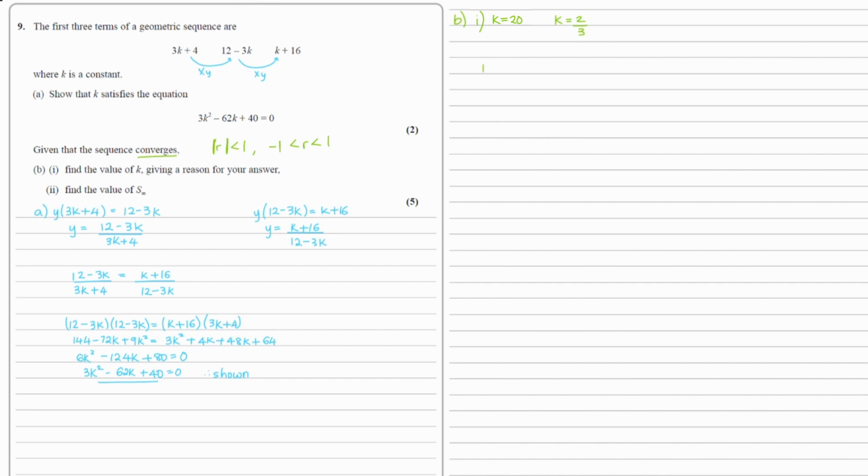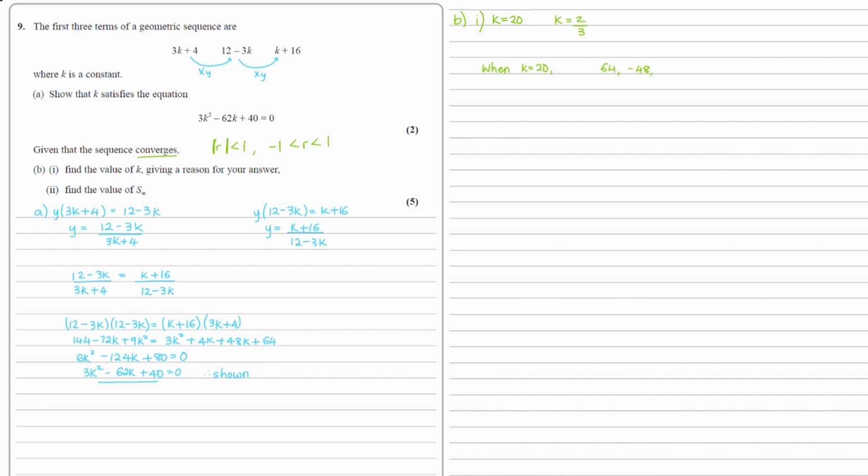So we can check first with k is equal to 20. If we substitute that into the sequence, 3 multiplied by 20 is 60, plus 4 gives us 64. 12 take away 3 times 20 gives us minus 48.